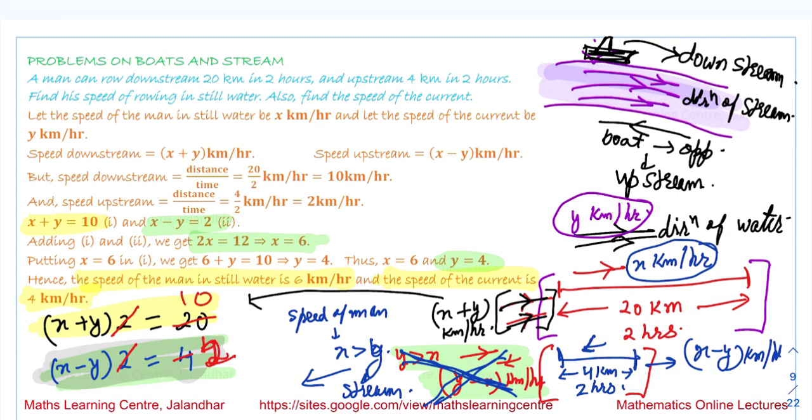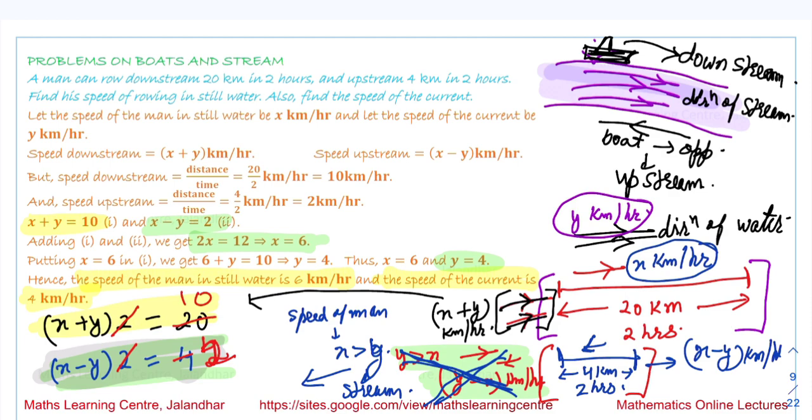Upstream means that the direction of the boat is in this direction, and it is moving 16 kilometers and 24 kilometers downstream. Suppose it has started from A, it has reached the point B, and after reaching the point B, it is moving downstream 24 kilometers, and the total time taken is 6 hours.